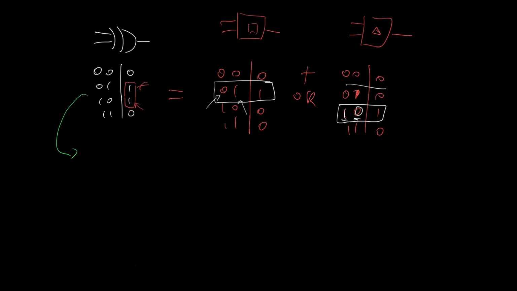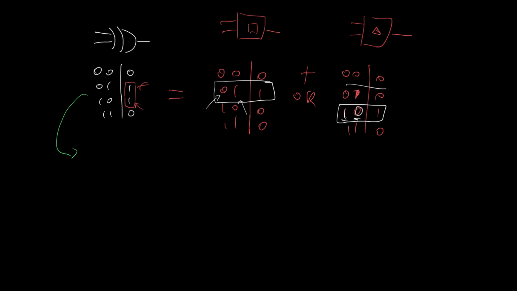So I look at the first row, there's a 0 at the output, so I do nothing. I look at the second row, there's a 1 at the output, so I need to do something. I need to write down a logic gate that will give me a 1 if and only if the input is 0, 1. And I know that an AND gate is going to give me an output of 1 if and only if both its inputs are 1.